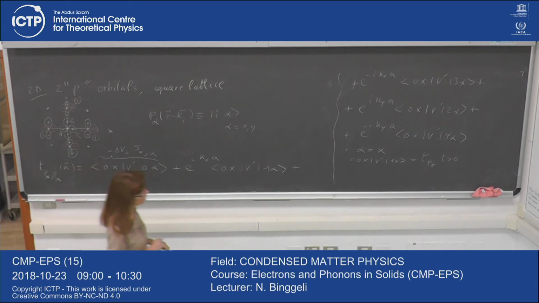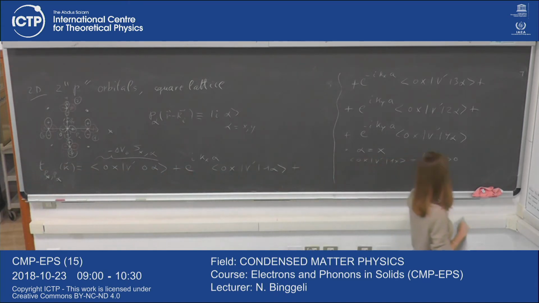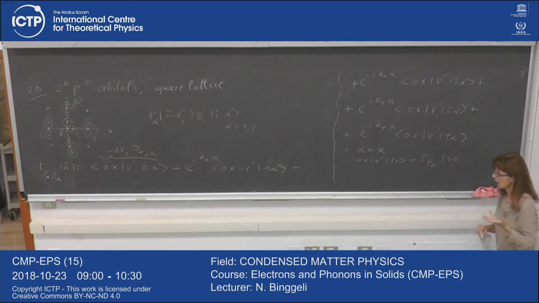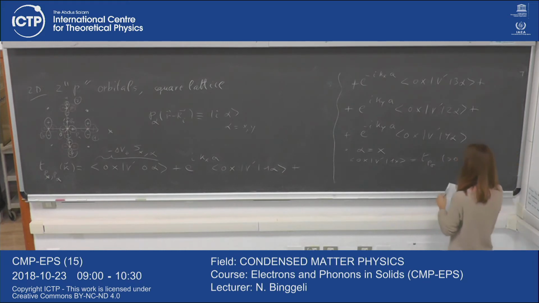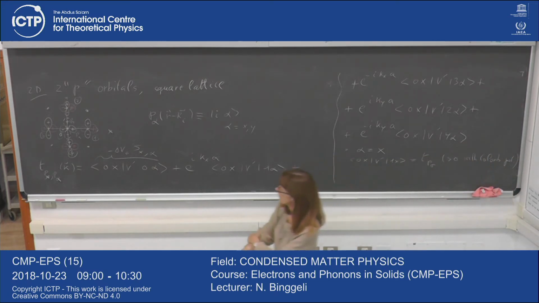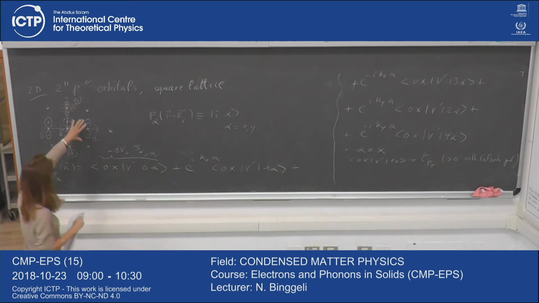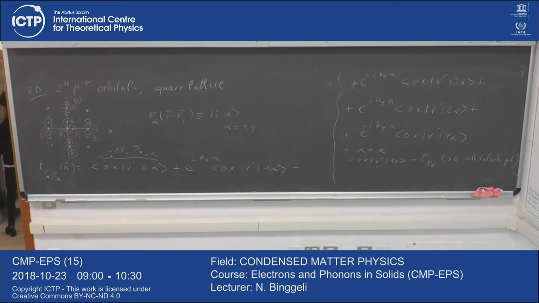So I can expect some value here, which I call Tp sigma, which I expect to be positive with Coulomb type of potential, the type of potential that I drew before, that is negative in this region.